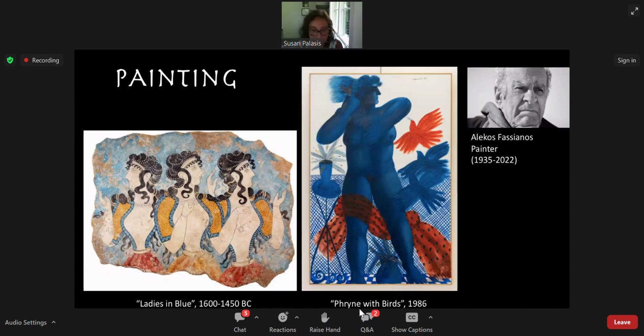He combines ancient myth with modern situations of Greece, and his paintings always have a component of motion in them. As you can see, the hair looks like it's flapping in the breeze, or an article of clothing. So his paintings really feature that. And this particular painting is called Phryne with Birds.